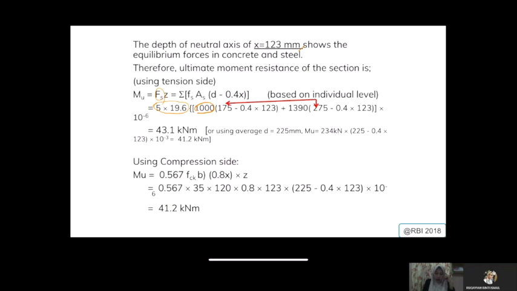And the d for the first layer, the upper layer, and multiply with 0.4 times 123. The 0.4 here is because you take 0.8 divided by 2. If you look before this, you see 0.45, which means 0.9. So there is some inconsistency in this slide.